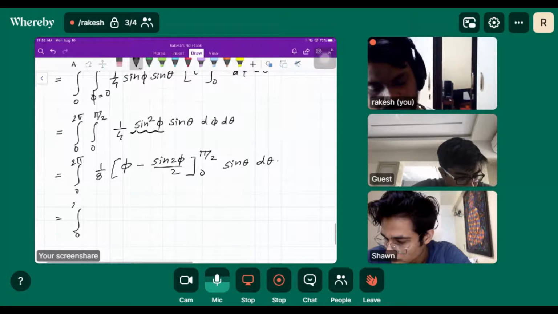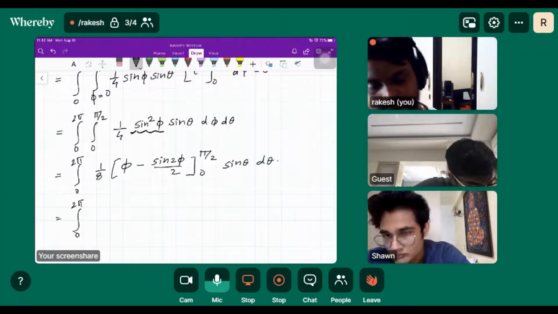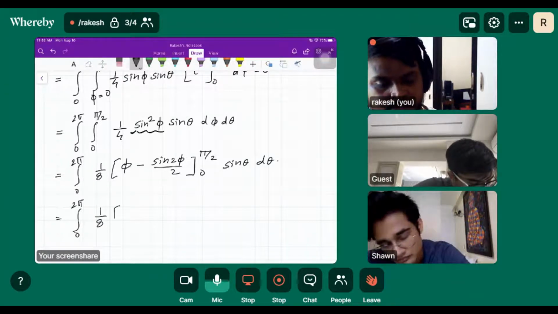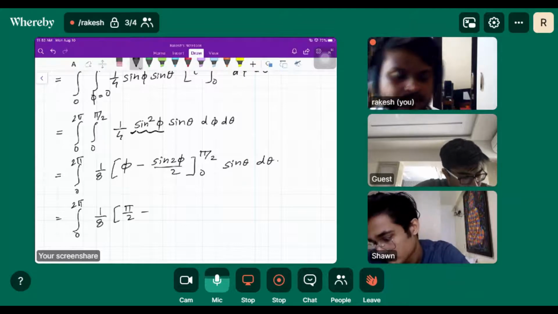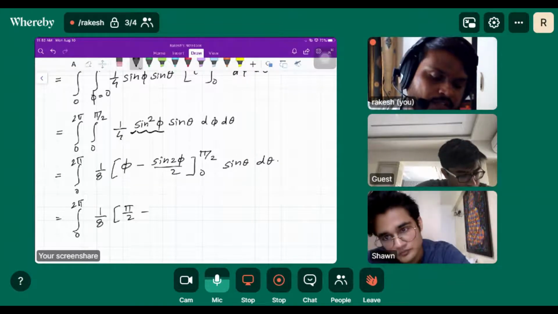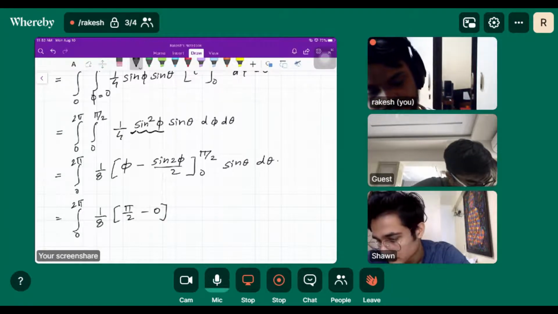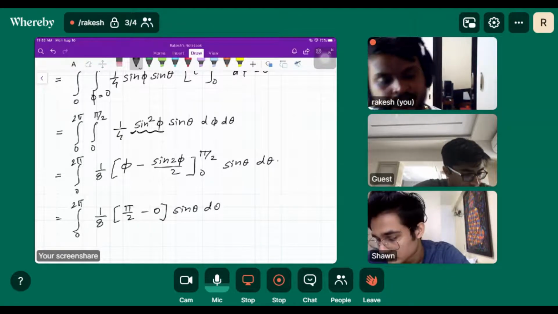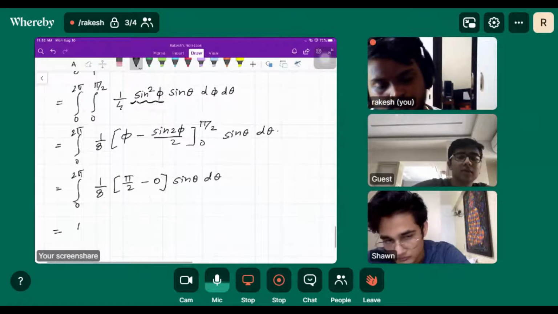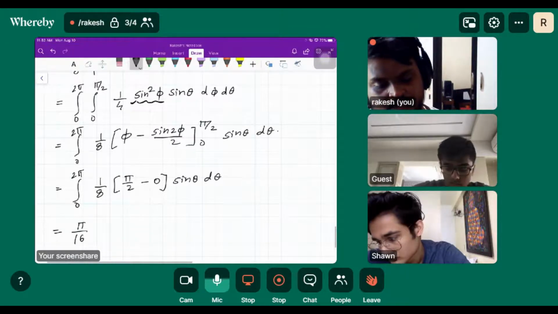So 0 to 2 pi, 1 over 2 times pi by 2 minus sine pi, 0. That's fine. Sine theta d theta. So we got pi by 4 outside.